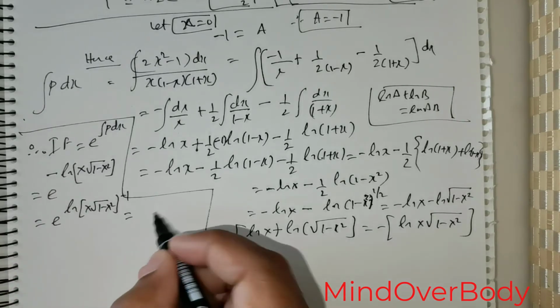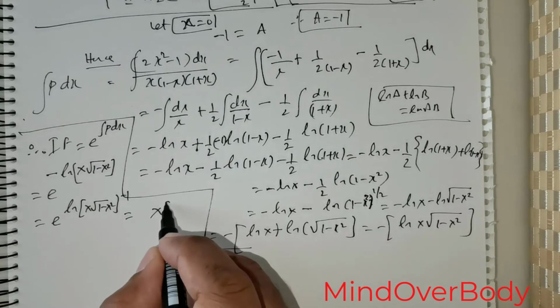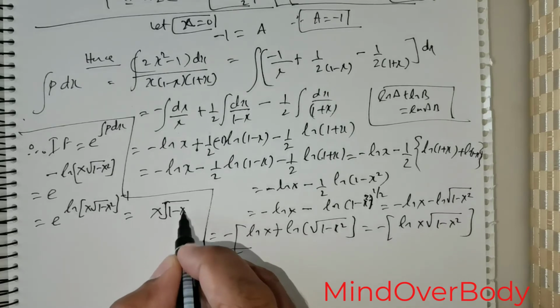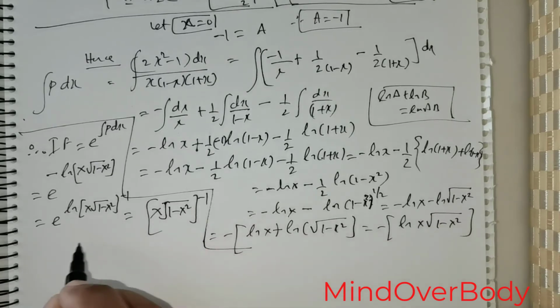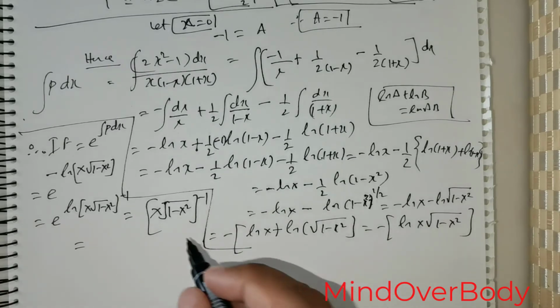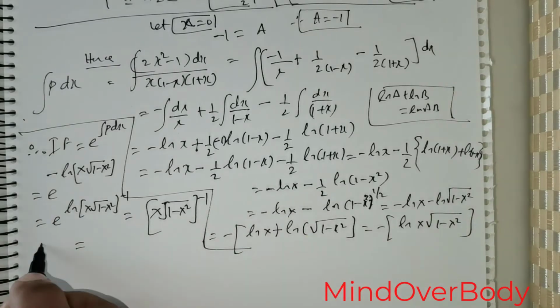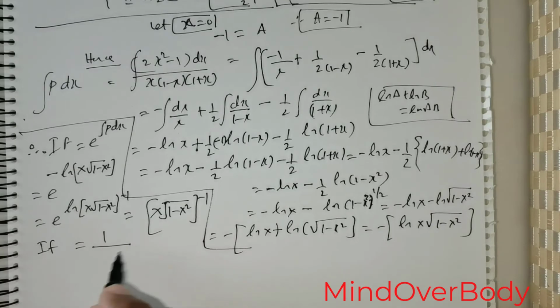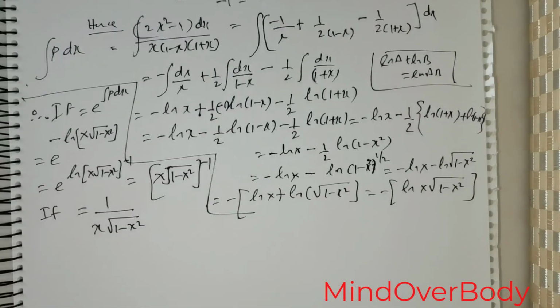E and ln get neutralized. So that is going to give me x times root of 1 minus x squared raised to the power of negative 1. I can rewrite this by bringing it down. So that's going to be the integrating factor equal to 1 over x times root of 1 minus x squared. So this is what is my integrating factor.